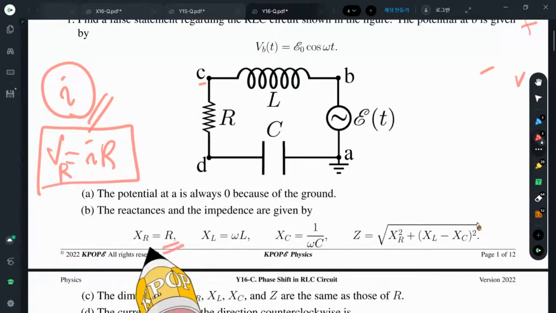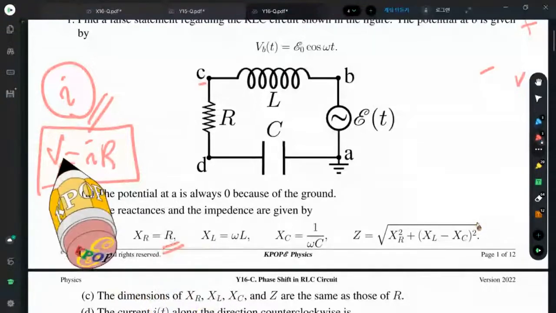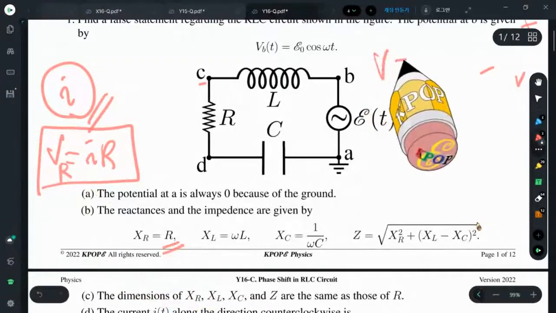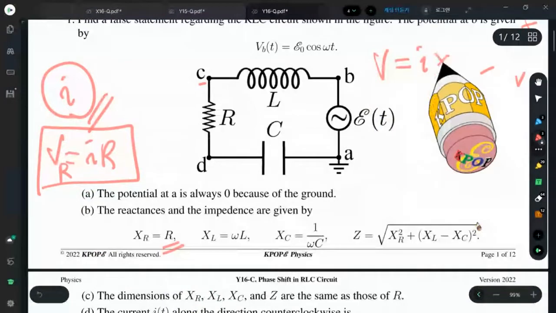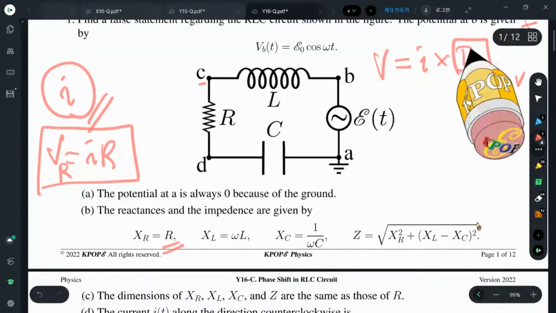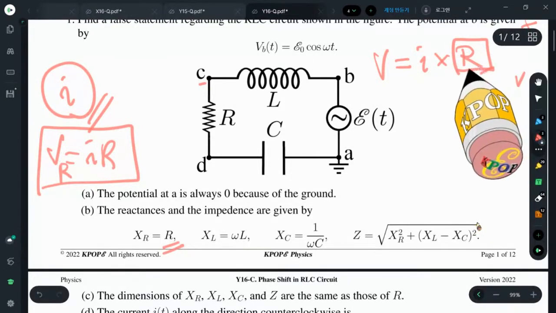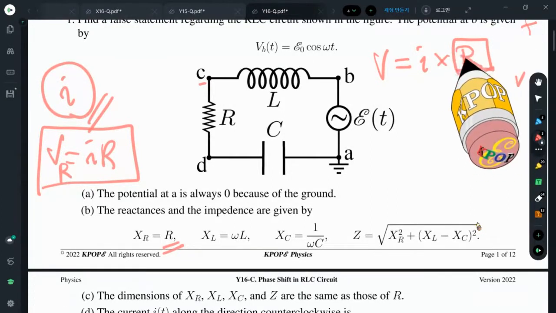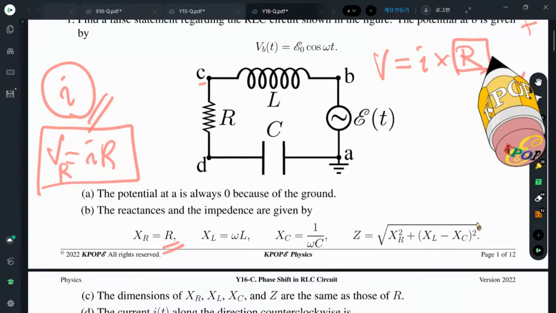The reactance, the resistive load, is called XR, and this is R. The potential is the current multiplied by some load, and this load for a resistor is the resistance. This is a real number.